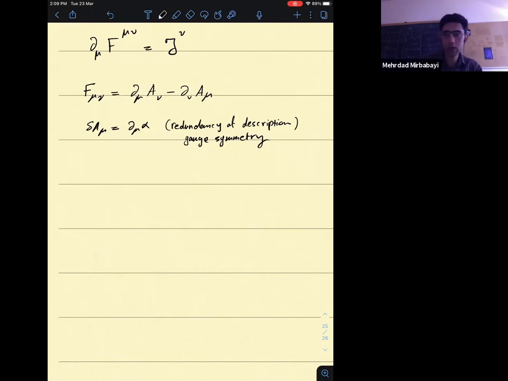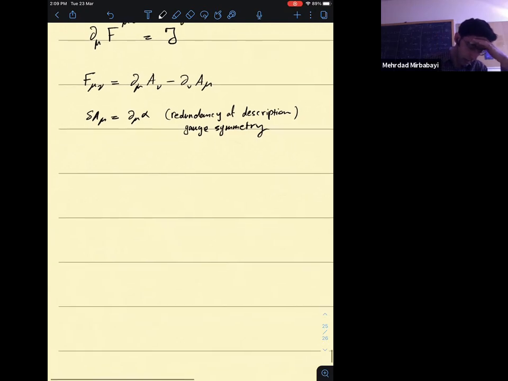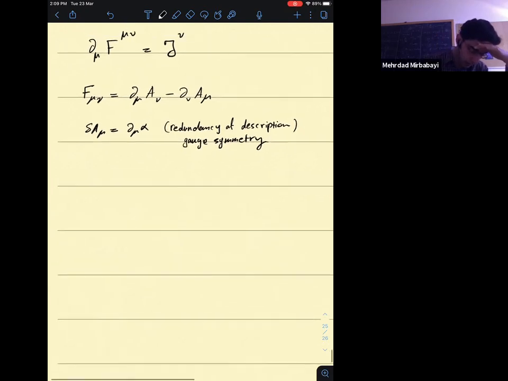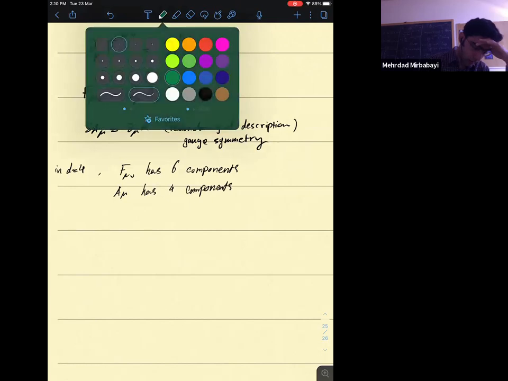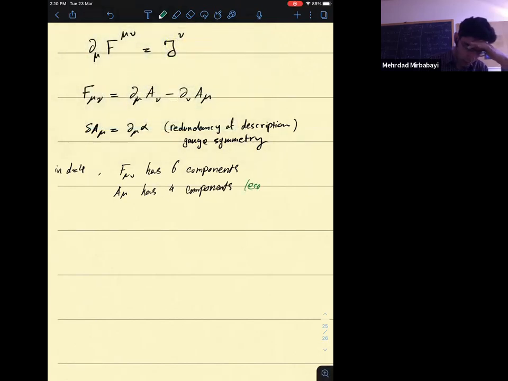At least superficially, it looks more economical because in d = 4, that is 3 plus 1 dimensions, F_{μν} has 6 components, while A_μ has 4 components. So this looks a bit more economical.